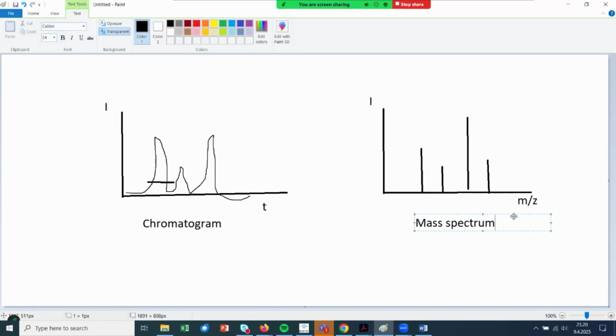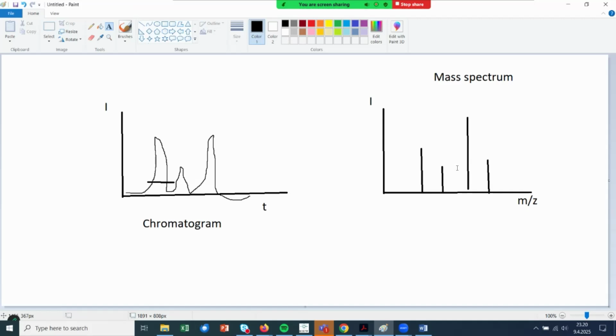The reason for this is that even though very often we draw the mass spectrum like this, truly, the mass spectrum isn't like this. If you think about it physically or chemically, even if we draw it like this, quite often showing only the peaks, the mass spectrum can be like this.